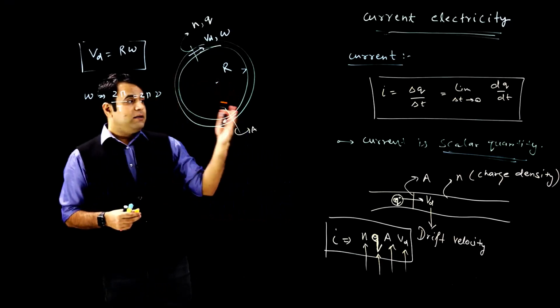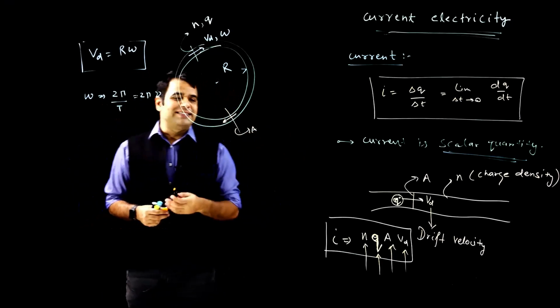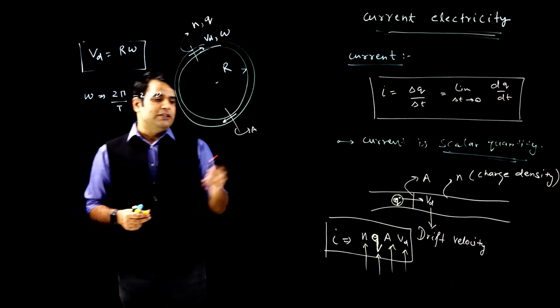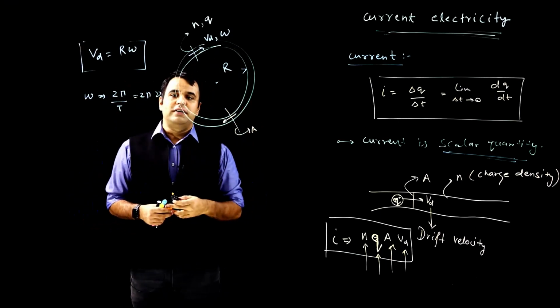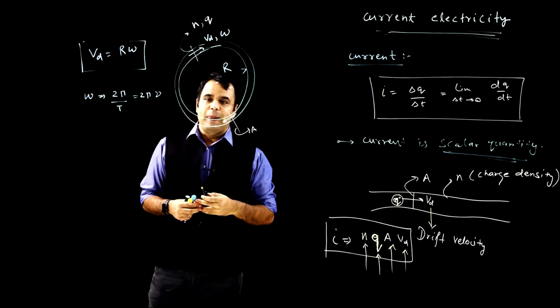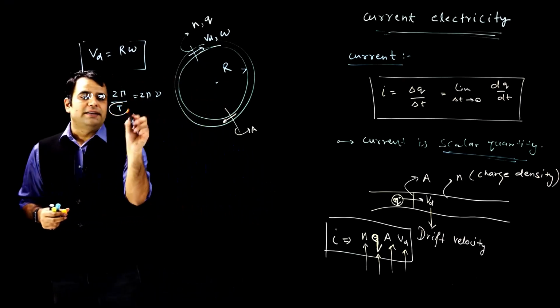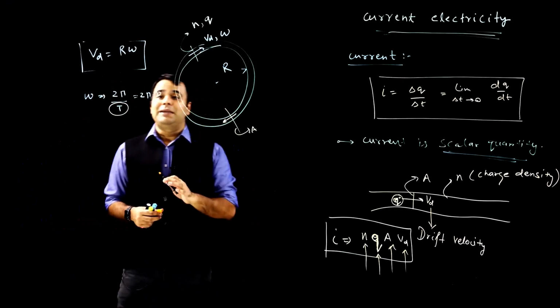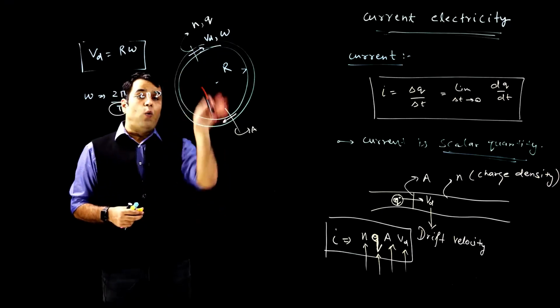In 1 second, or delta t time. This time period is defined as the time required to move once.